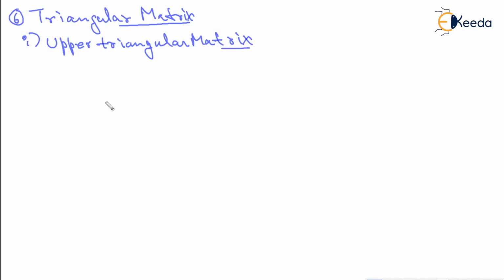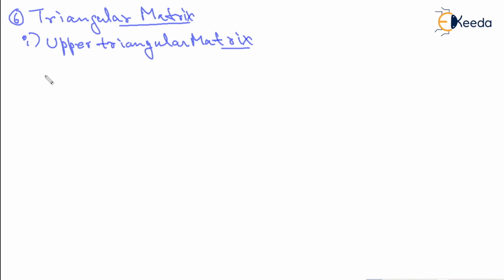That is, for a square matrix, if all the lower off-diagonal elements are 0. What is lower off? First of all, what are off-diagonal elements? Off-diagonal elements are the elements apart from diagonal elements, and lower off means below the diagonal element.